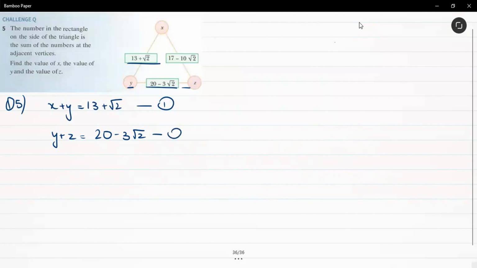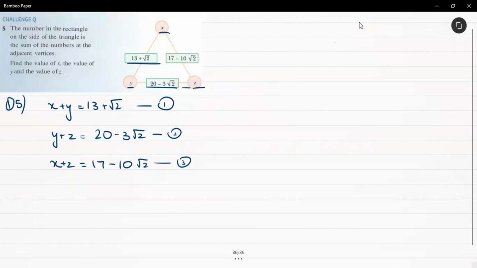This would be equation number 2. And again, the third value is x plus z, which would be equal to 17 minus 10 under root 2. So as you can see, we have got three equations. And when we have got three equations, what does that mean? We can find out three variables from it.